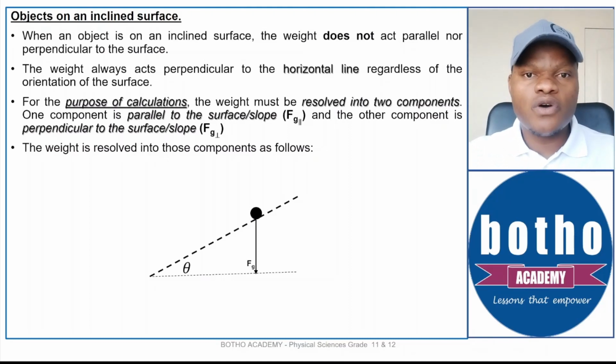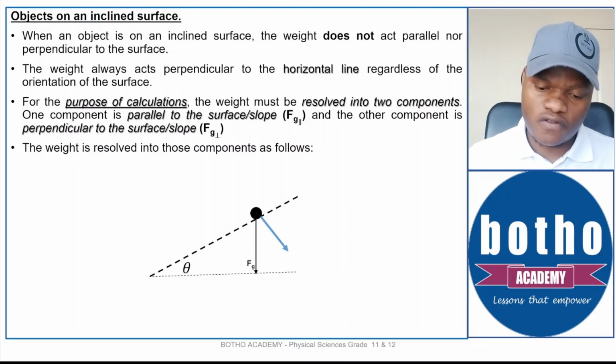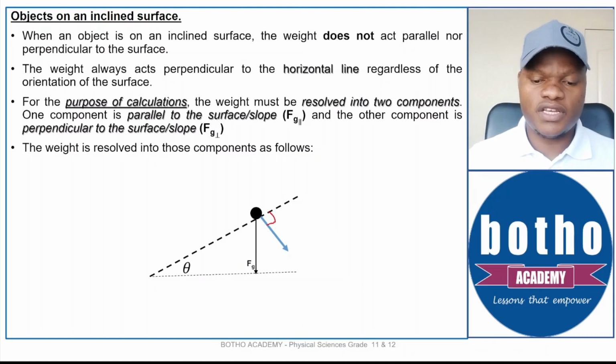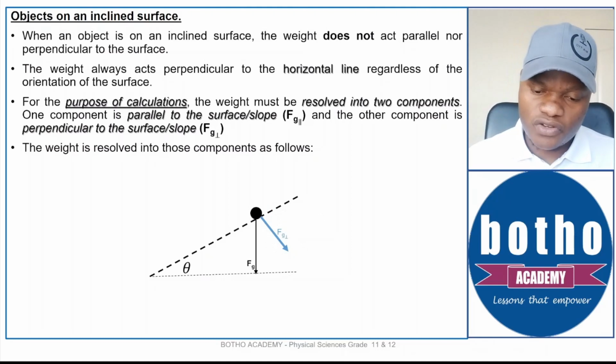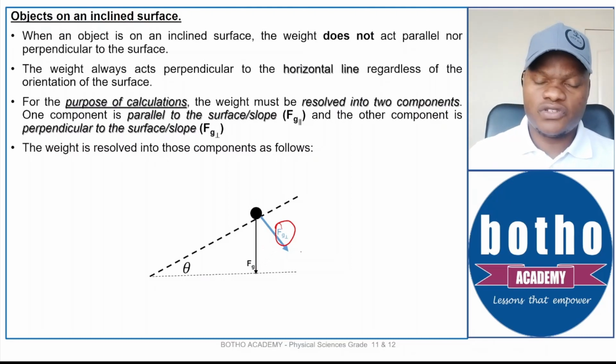Firstly, we are going to start with the perpendicular component. This is a component of FG, but it is perpendicular to the slope, so we call it FG perpendicular. In other words, it is a component of FG that is perpendicular to the surface or the slope.